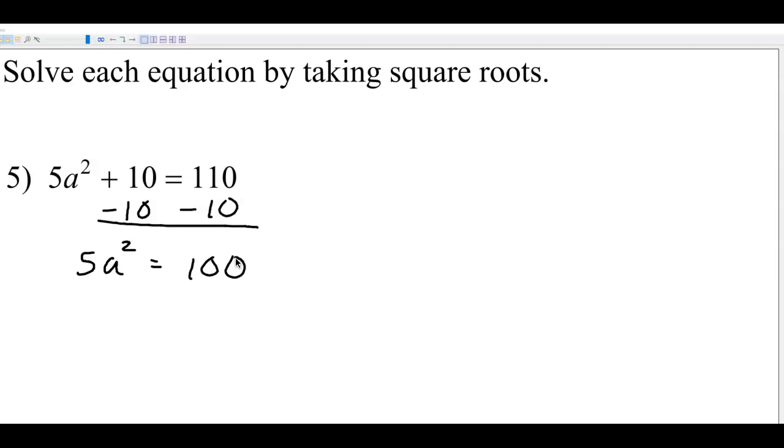All right, so we start by subtracting. Next we divide. And then we're going to take square root on both sides.